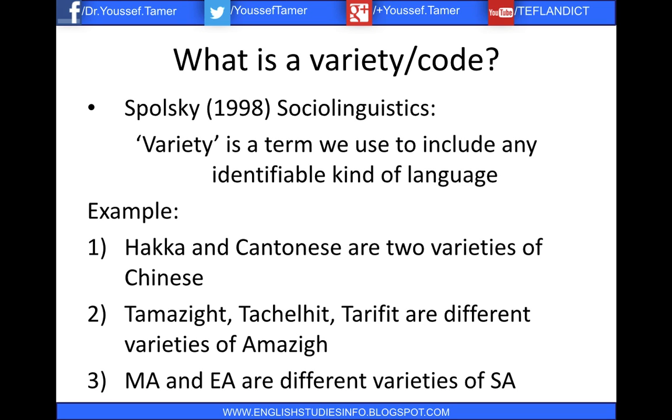Moroccan Arabic and Egyptian Arabic are different varieties of Standard Arabic.